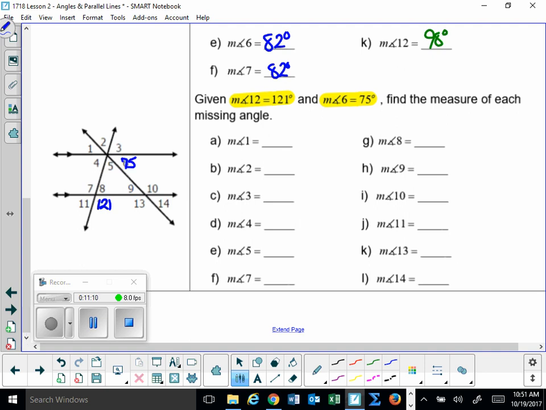I'm going to annotate that immediately. When I went to annotate that, I noticed some parallel lines here and here. The other 2 lines up here are transversals. I'm going to do one in red, and I'm going to do the other in green.